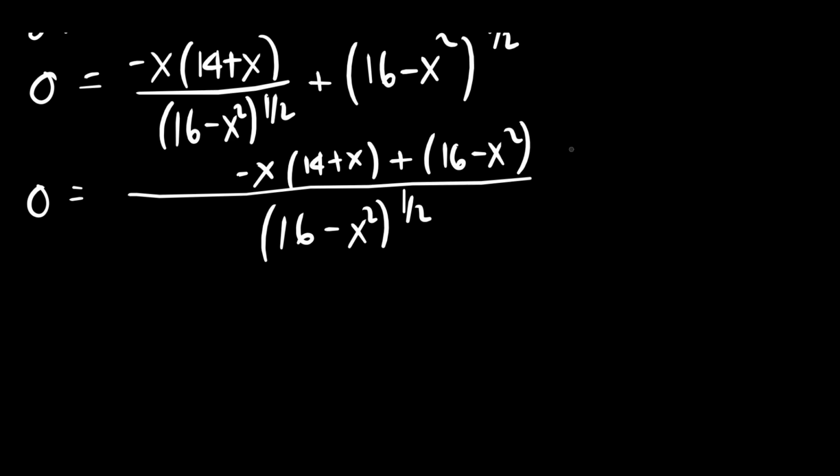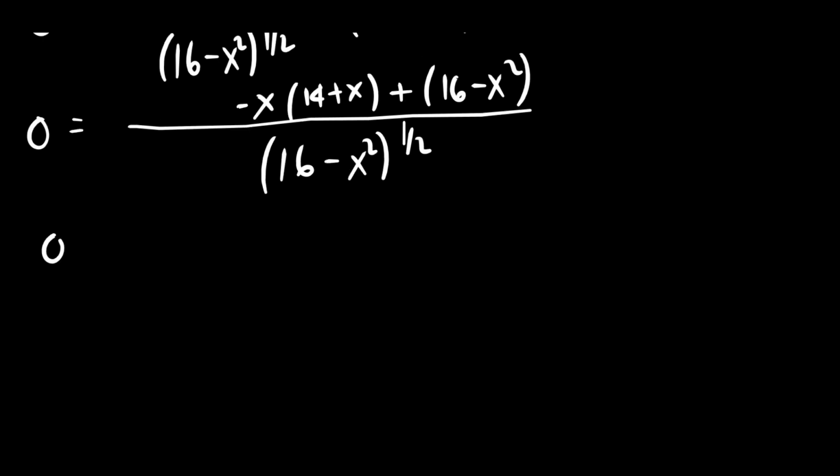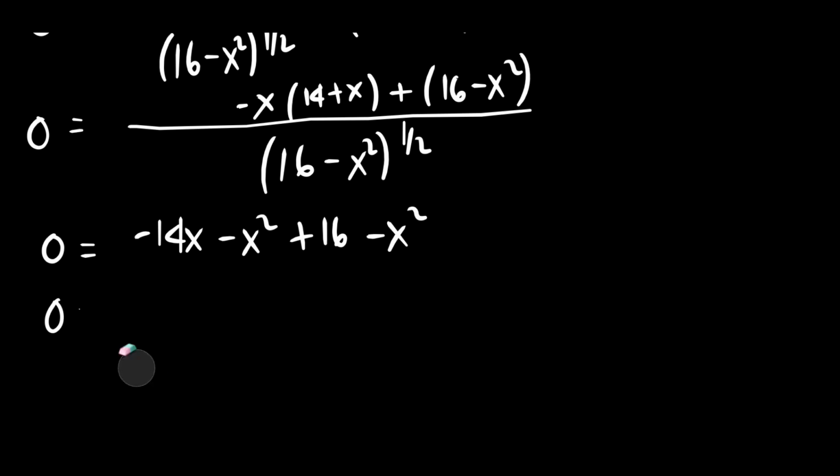By simplifying, we have 0 is equal to negative 14x minus x squared plus 16 minus x squared. So 2x squared is equal to 2.